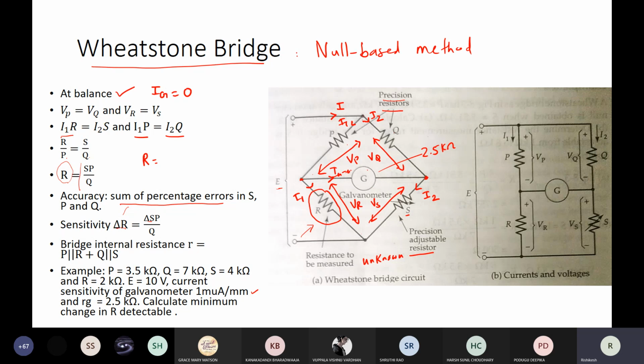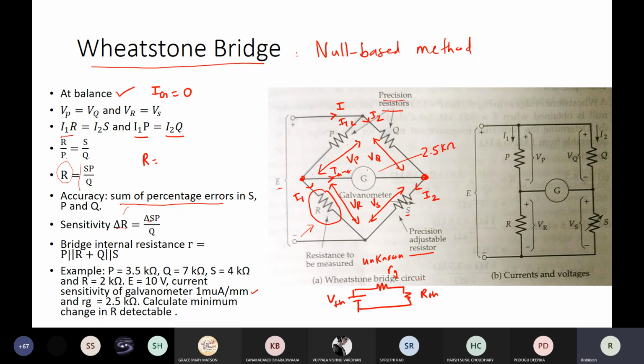For doing that, we need to first evaluate the Thevenin equivalent circuit. That means you have to open circuit the galvanometer and come up with an equivalent circuit. So this is V Thevenin, R Thevenin resistance, and this is my Rg.